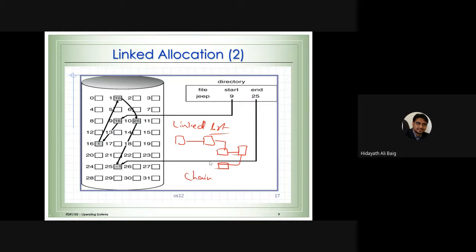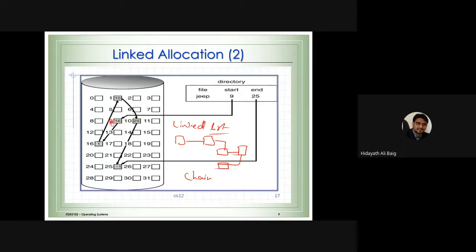Okay, so now let us understand this. The starting block is block number 9. Where is block number 9? This is block number 9. Sorry, I'm reading in the wrong way.